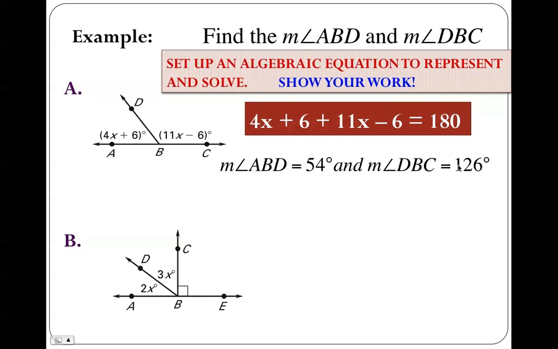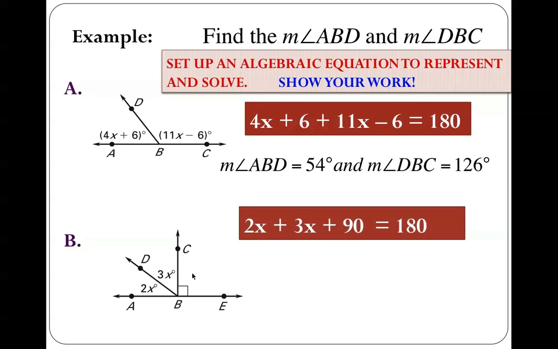And then here, this one is basically kind of the same, but there's two ways you could do this one. If this is 90, you know this part over here has to be 90. So you could actually set this up in two different ways. You could say that 2x plus 3x equals 90, or you could say 2x plus 3x plus 90 equals 180.